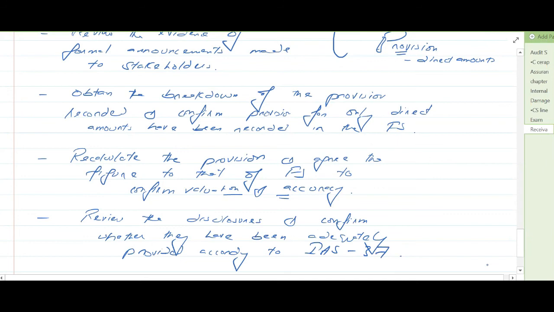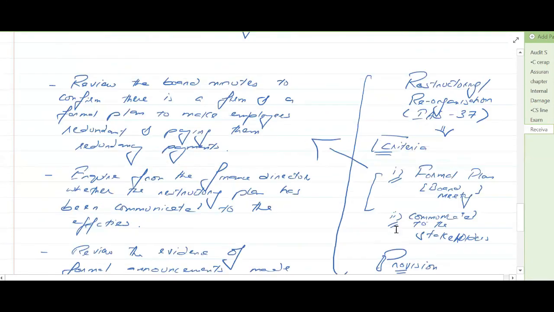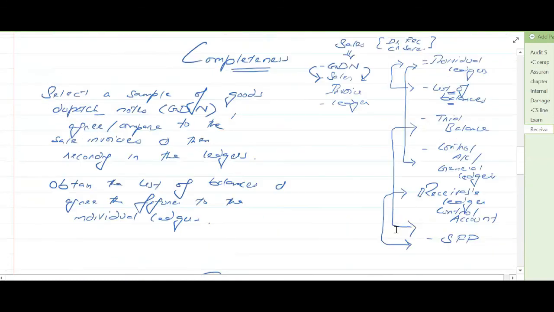You can also write obtain the written representation from the management to ensure only provision for direct amounts have been recorded. So this is how you are going to make the procedures for the redundancies.